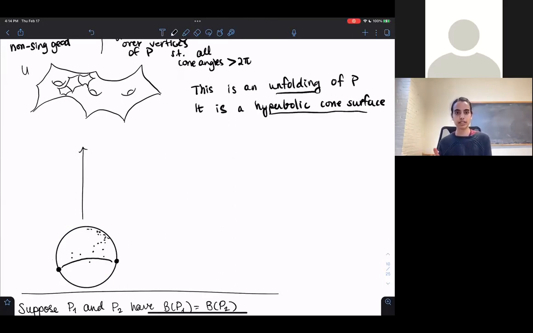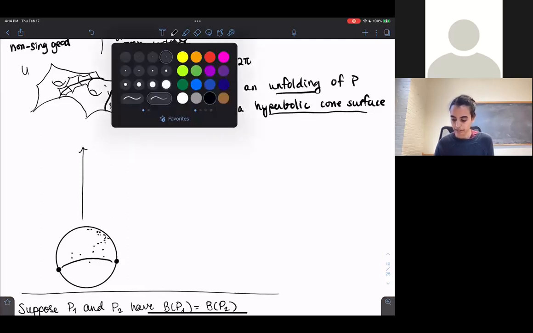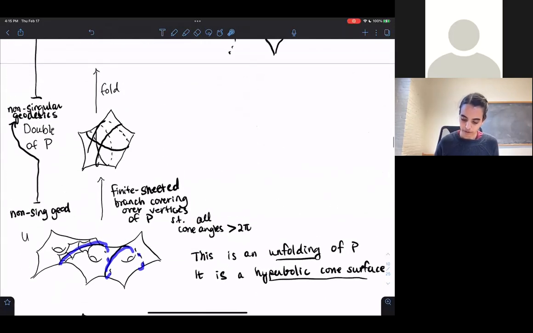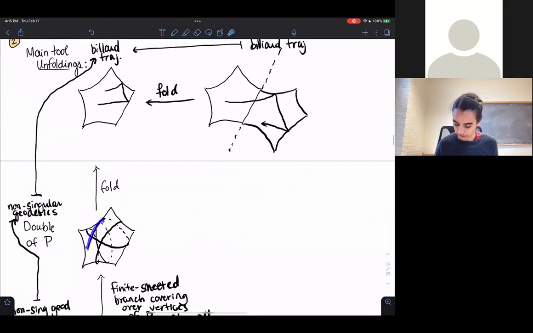And if that geodesic does not hit any cone points, then it will get sent by this map to a non-singular geodesic here that wraps around in some way. Okay, so from these special pairs of endpoints at infinity, the endpoints such that a non-singular geodesic goes between them, I can get non-singular geodesics here, which go to non-singular geodesics here, which go to billiard trajectories here.